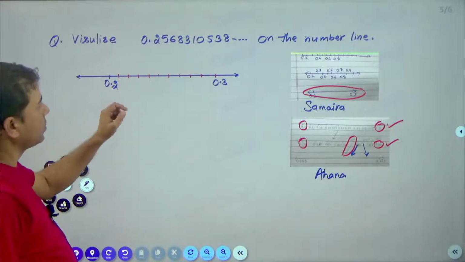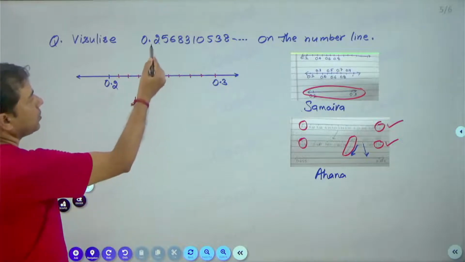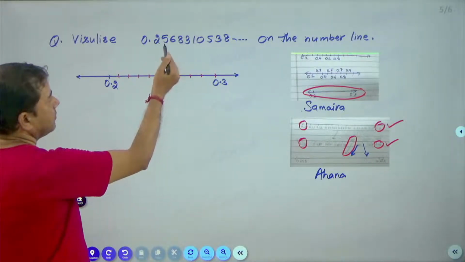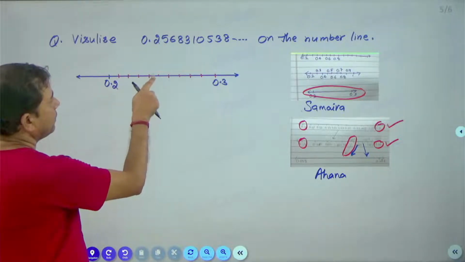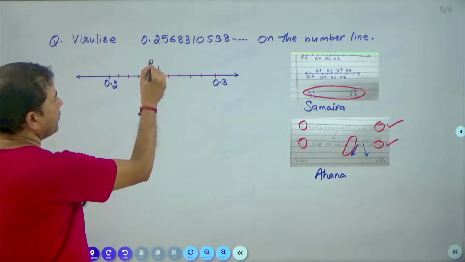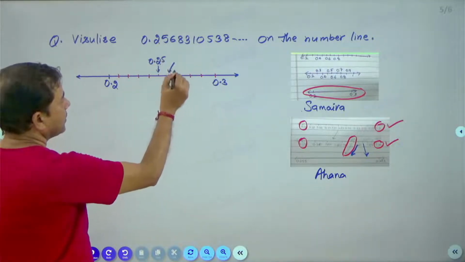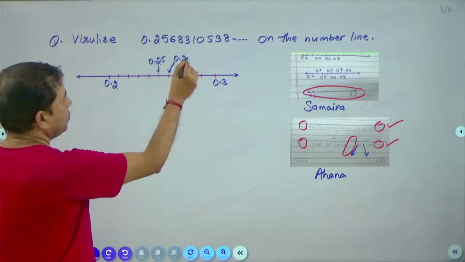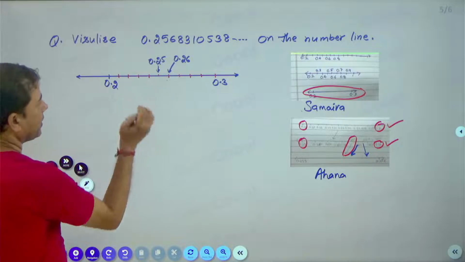I'll write just those numbers where this may lie. 0.25 and 0.26. 1, 2, 3, 4, 5. This 0.25 and this 0.26. I will highlight the portion between them.